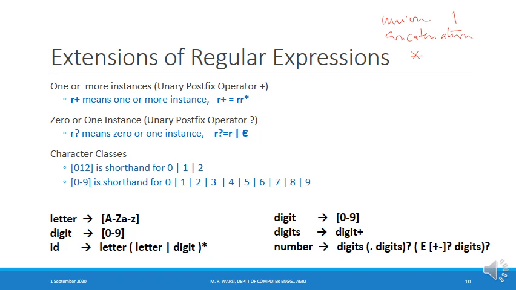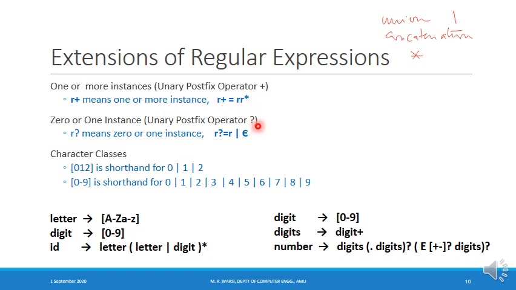Now I'll consider a few extensions of regular expression, and if I use these extensions, then writing a regular expression becomes easier. One extension is the plus operator. When I apply a plus operator to any regular expression, that means one or more instances of that. So r plus means one or more instances of r.